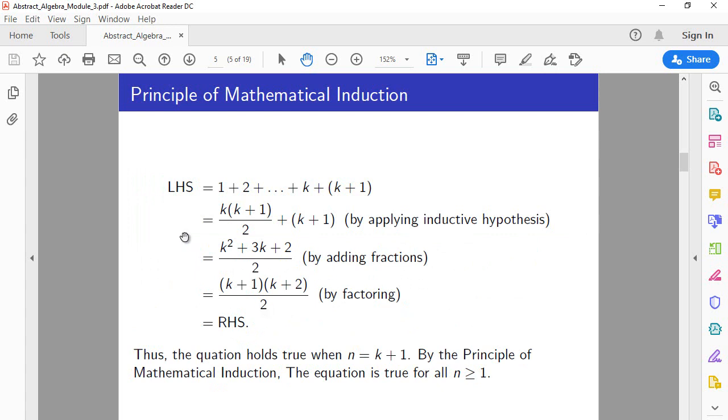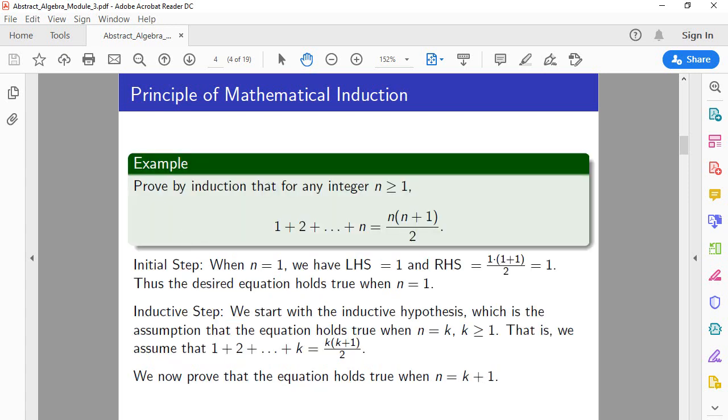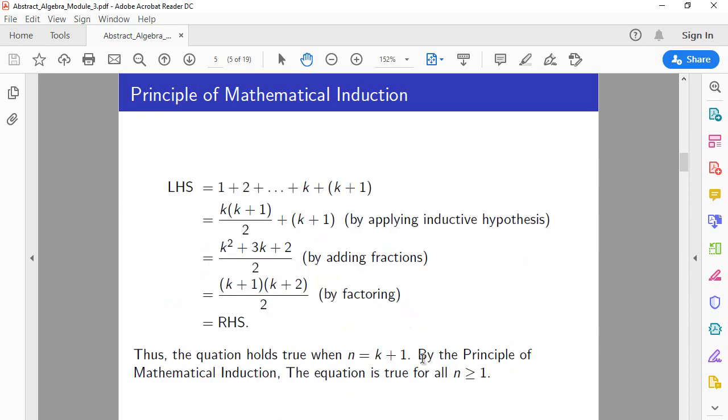So we see that when n is k+1, the equation is true. So assuming that the equation is true for n equal to k, we were able to prove that the equation is also true for n equal to k+1. Therefore, by the principle of mathematical induction, the equation is true for all n.